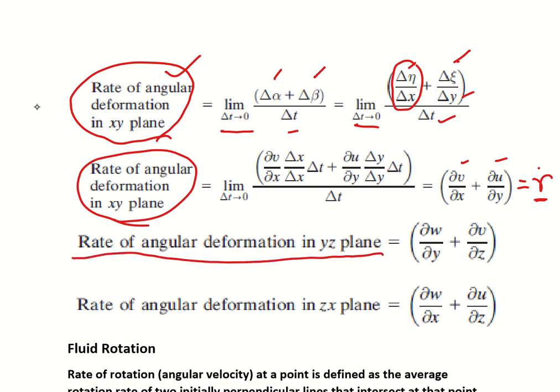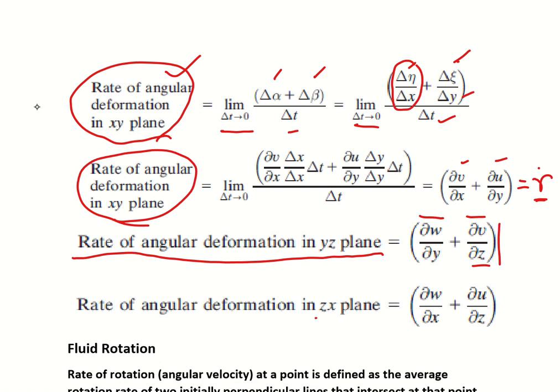Similarly, if we have angular deformation in the YZ plane, the rate of angular deformation may be written as del W over del Y, where W is the velocity in the Z direction. So del W over del Y represents the velocity gradient of W in the Y direction, plus del V over del Z. What does this represent? The velocity gradient of V in the Z direction.